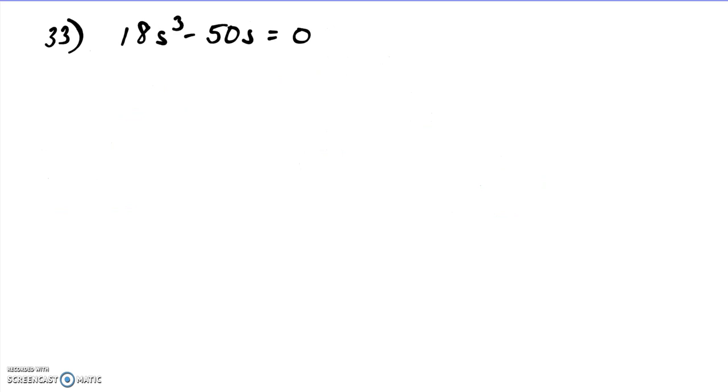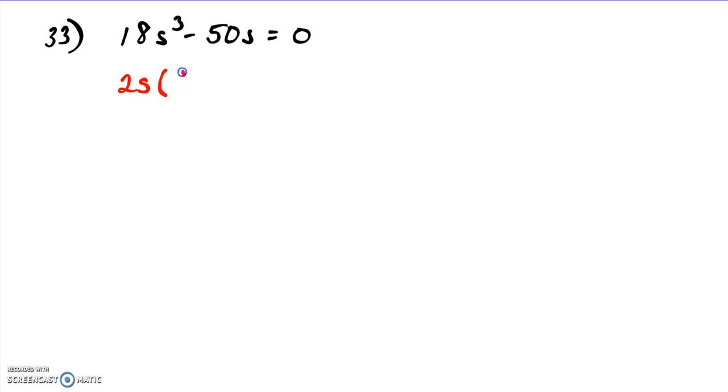This is number 33. It's from the review problems. And we're looking at this here, and I'm always looking for greatest common factor. So the greatest common factor of 18 and 50 is 2. And the greatest common factor of s to the third and s is s.